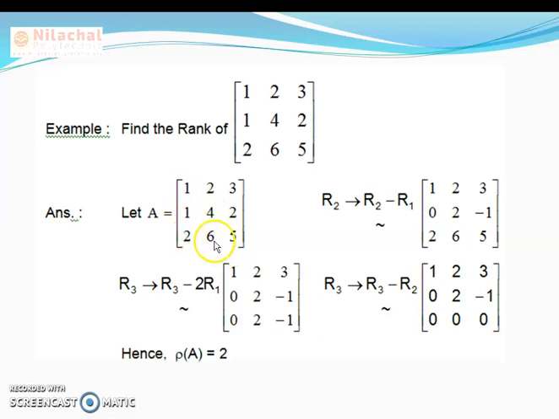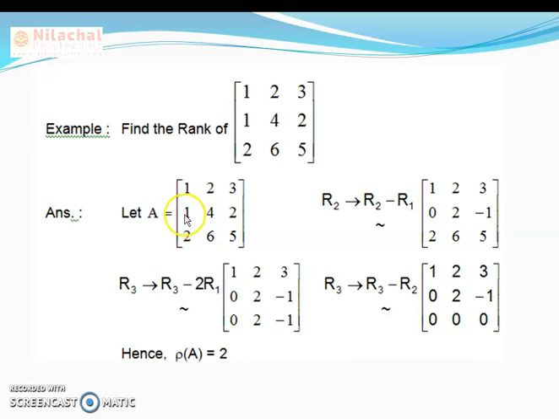So you have to convert these three elements, means 1, 2, 6, to 0. Then your matrix will convert to an upper triangular matrix. Clear? So what we have to do? First of all, you have to make this element 0. This is your 1, you want to convert it to 0.